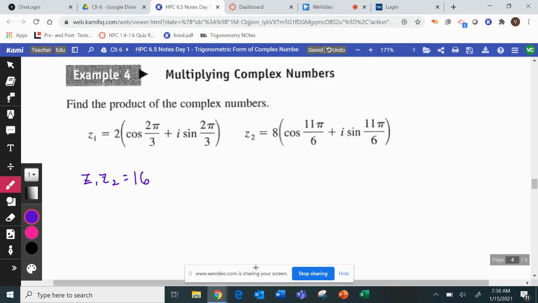We have to add the thetas, so we're going to have the arguments. There, that's the word I was thinking of. Cosine of 2 pi over 3 plus 11 pi over 6.